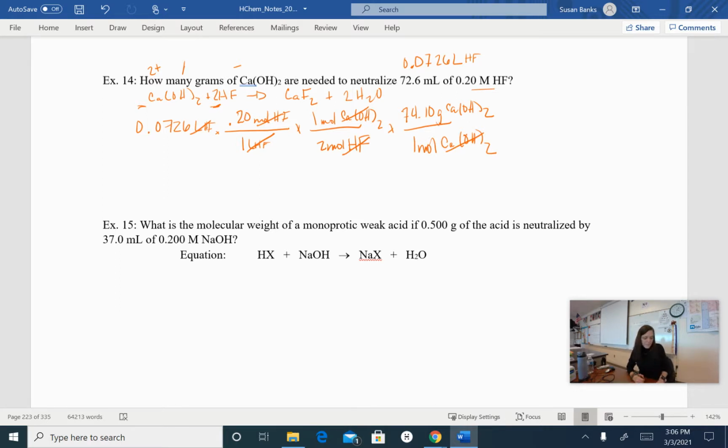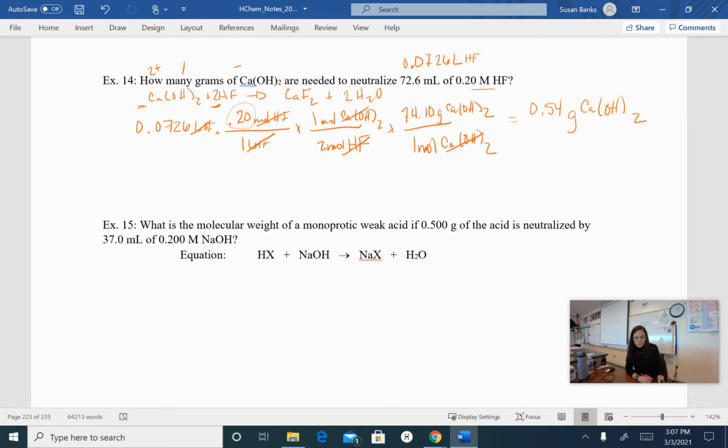Okay, mathematically, I have just 2 sig figs right here. So this would give me 0.54 grams of calcium hydroxide when I multiply 0.0726 times 0.2, divide by 2, and multiply it by 74.10.